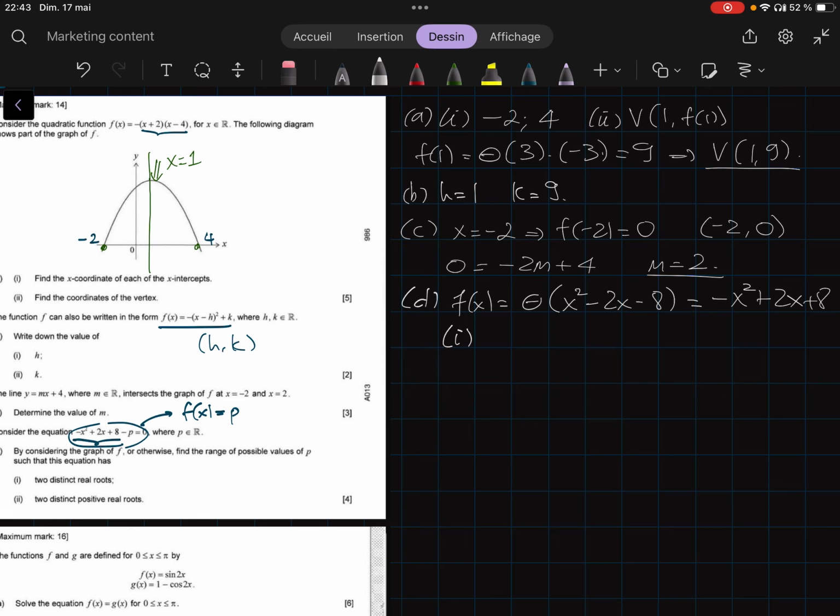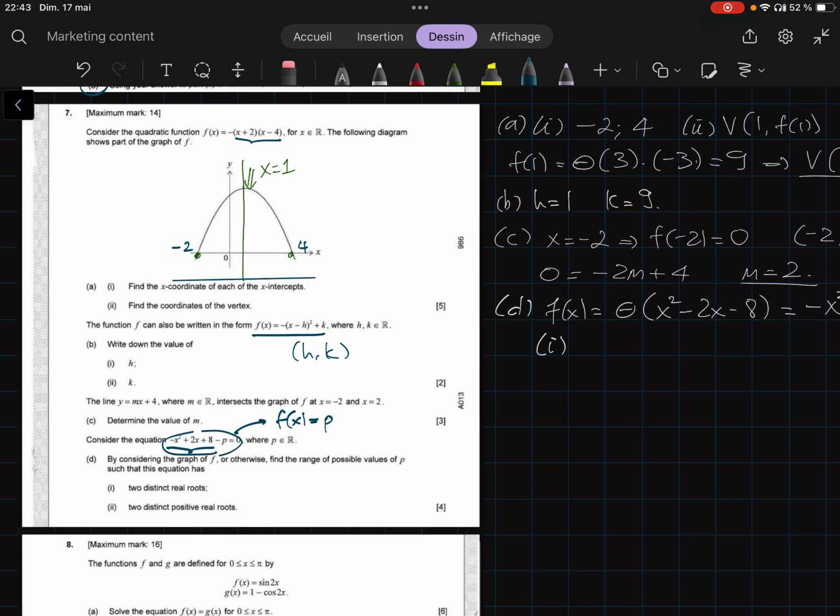Part 1. The equation has two distinct real roots. Okay, y equals p is a horizontal line. Now we want to take this line and move it up and down. The number of times the line intersects the curve is the number of solutions that the equation has.